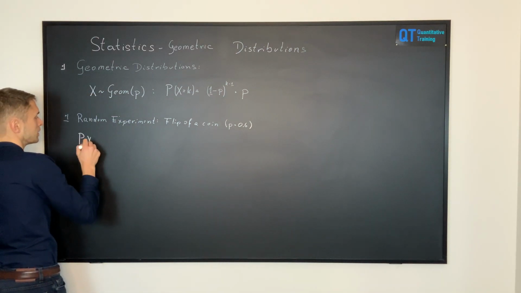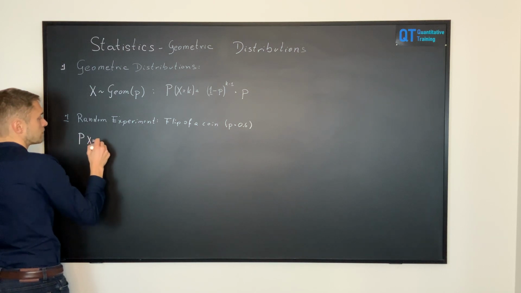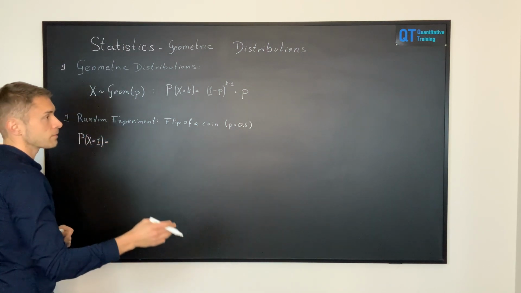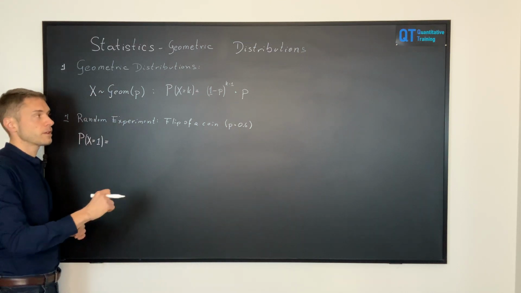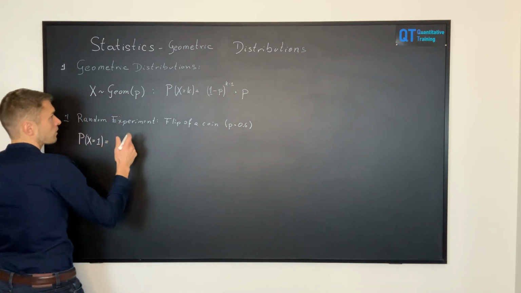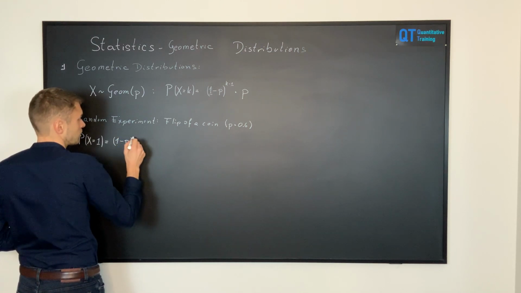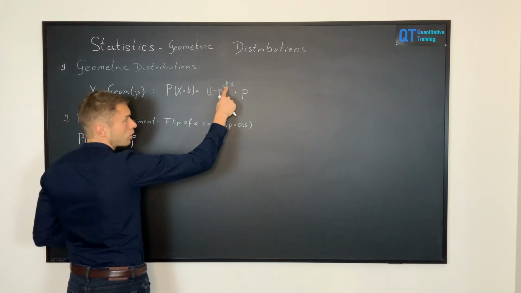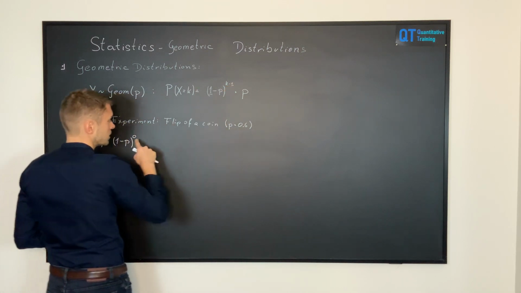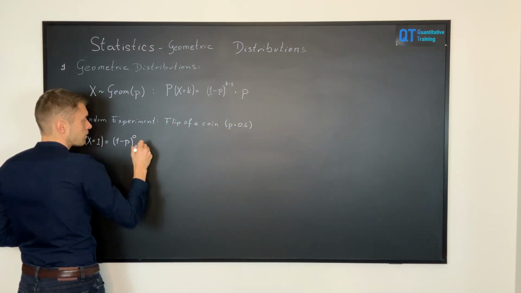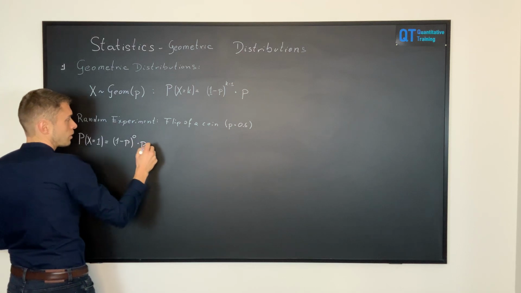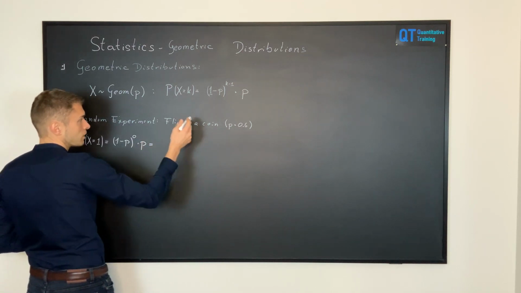So let's work out a couple of random variable probabilities. P of x equals 1 means that we obtain tails for the first flip. So we flip the coin one time and immediately obtain tails. So we have 1 minus p, the no success probability, to the power 1 minus 1, which is 0, times the probability of success, 0.6.